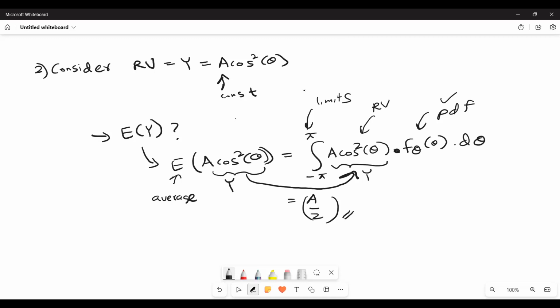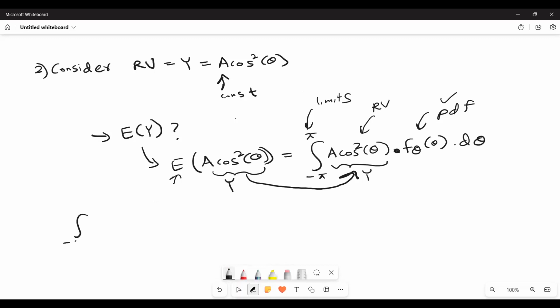Okay, so this integration. Basically, you need to multiply the a cos squared theta with the f theta, right? I think I will not have enough space, so I will write in here.